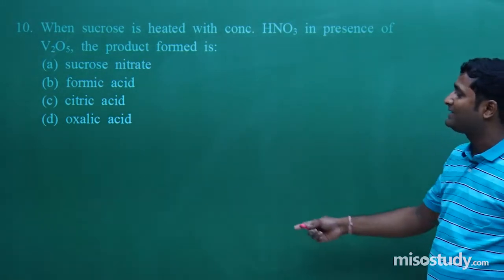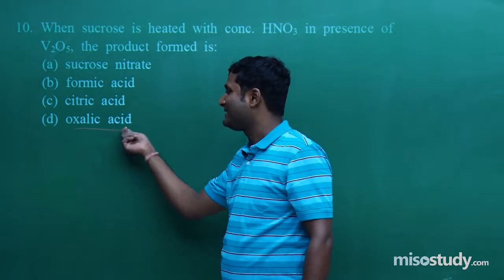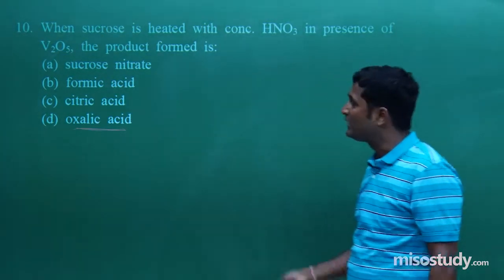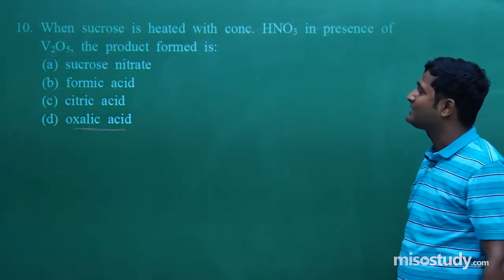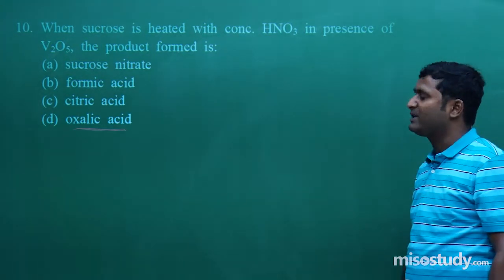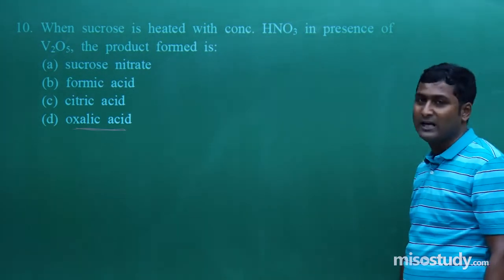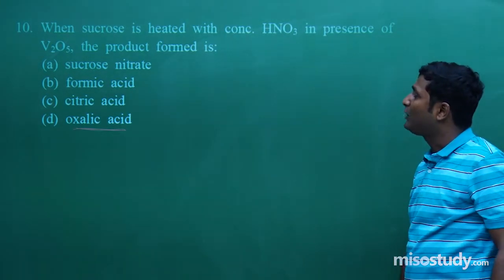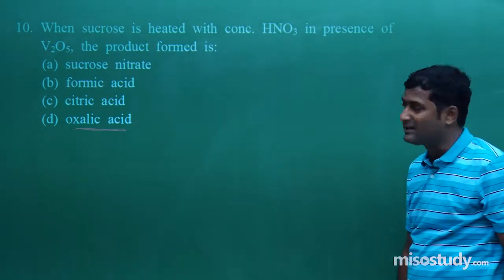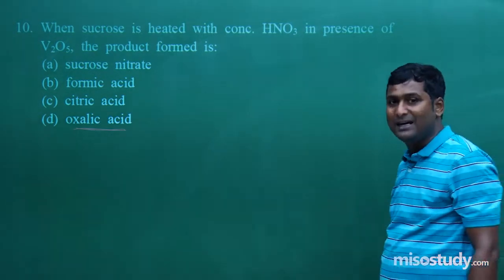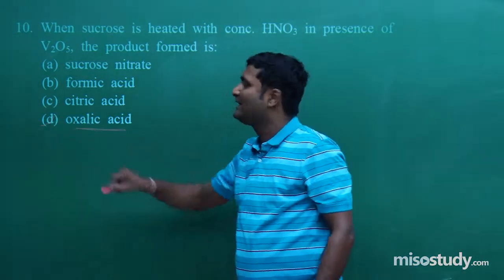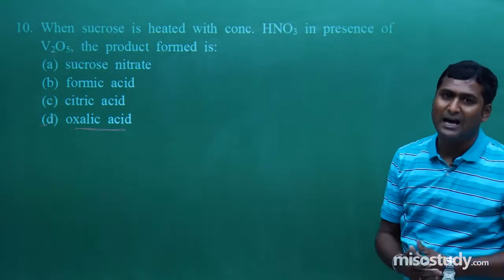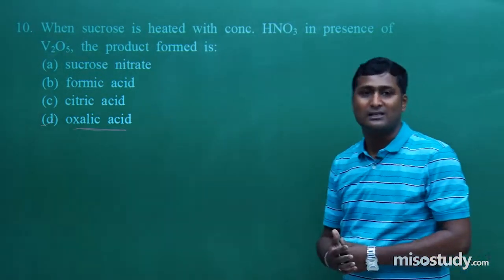You have to memorize, that is oxalic acid. This is a GK type question. When sucrose is heated with concentrated HNO3 in presence of a catalyst, vanadium oxide, the product formed is oxalic acid. So for question number 10, D is the correct option. Clear? I think you can easily solve such kind of question.